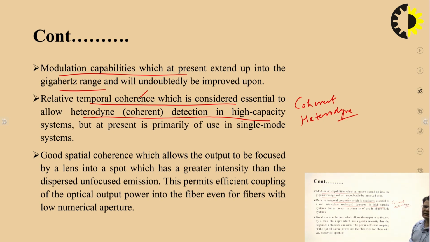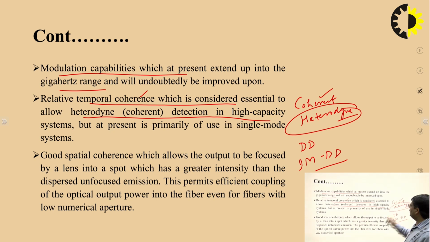Generally with the LED, we use only direct detection. That is, we use the principle of intensity modulation and direct detection in the case of LED, whereas in the case of laser, we can also use coherent detection, and preferably heterodyne detection.